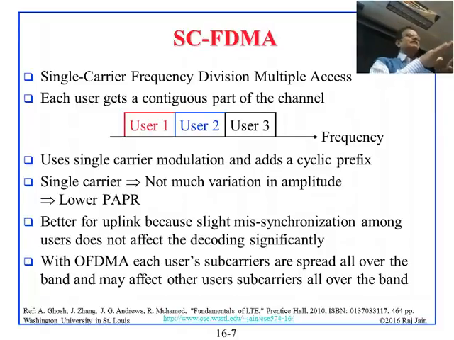And then in your little frequency band, the noise pattern may not be very different. Right? So the amplitude may not be that different. And so now you will be able to use cheap amplifier. Now you have given something and lost something. So you got this low PAPR, but what you have lost?